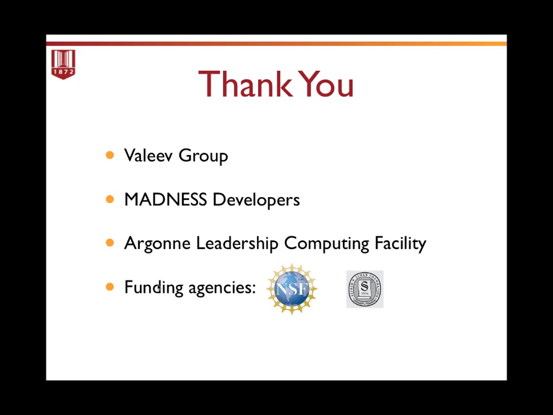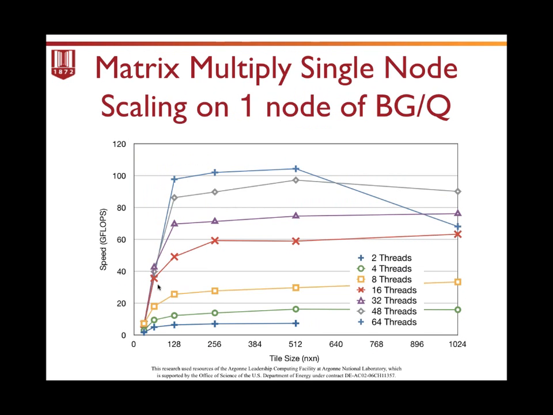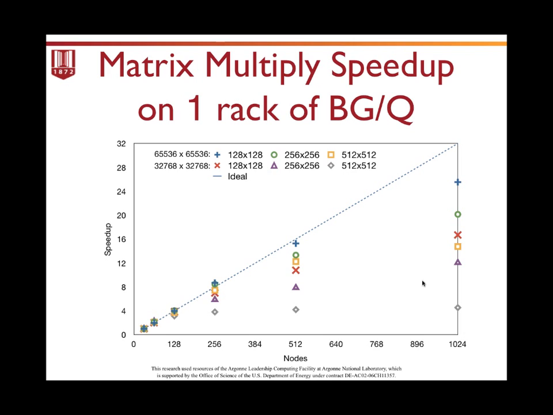Yeah, and that's the problem. It's a problem of expressing enough parallelism to keep all of your nodes busy. And as I mentioned in the previous slide, here we only have a few nodes. I can't remember what the exact distribution was, but I think we had about 16 tiles per node.